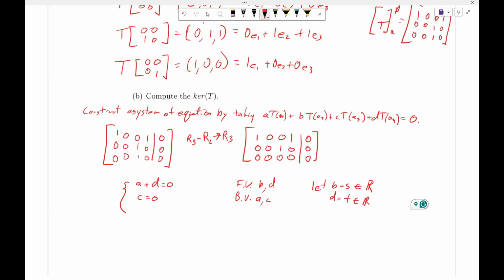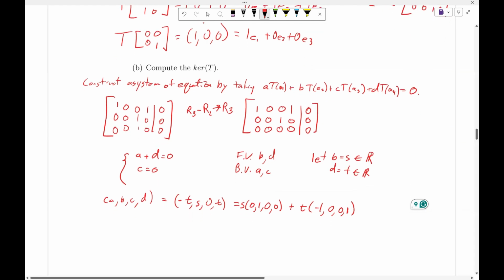This means that A, B, C, D is now going to equal minus T, S, 0, T, which equals S times 0, 1, 0, 0 plus T times minus 1, 0, 0, 1.